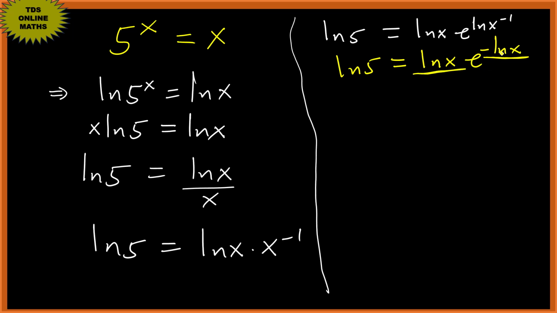Something is missing: we have negative ln of x and we have ln of x here. So we have to introduce a negative on both sides in order to make this side and this side equal. I'll go ahead and multiply through by negative 1. So we have negative ln of 5 times that, and we have negative ln of x e raised to negative ln of x.